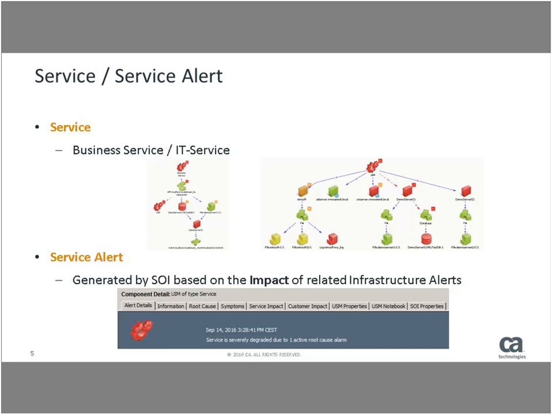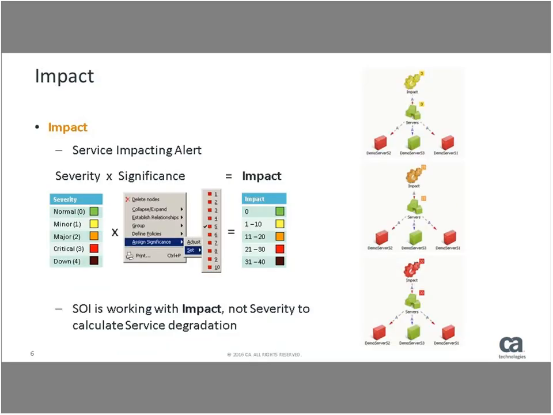It gives us information about all the rules, about all the services, and tells us if the services are still fine, and depending on the rules we have defined, there might not be any impact towards the service even if there's a failure. So this is what I want to show next, the very basic concept of SOI, of impact calculation.